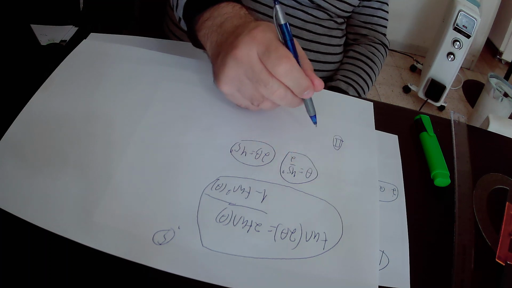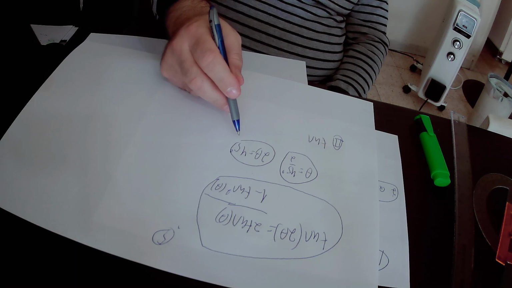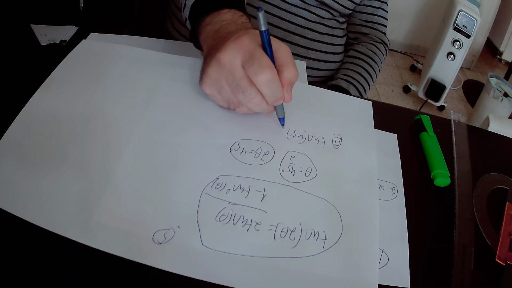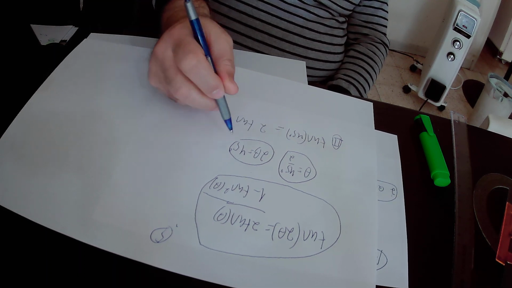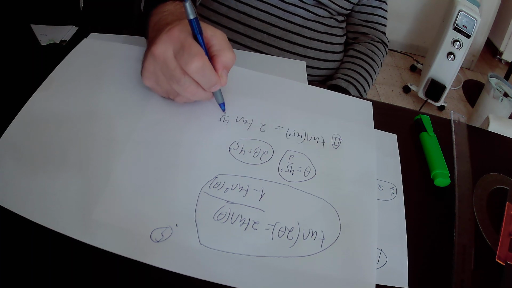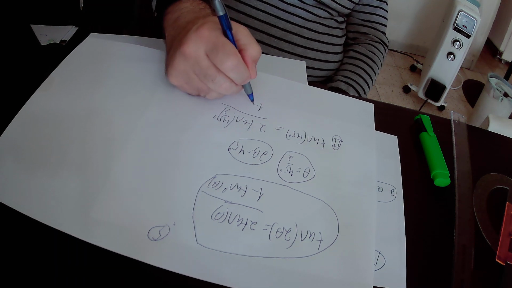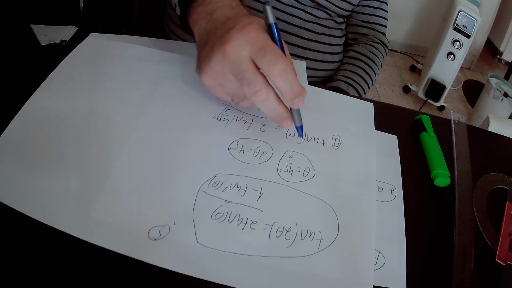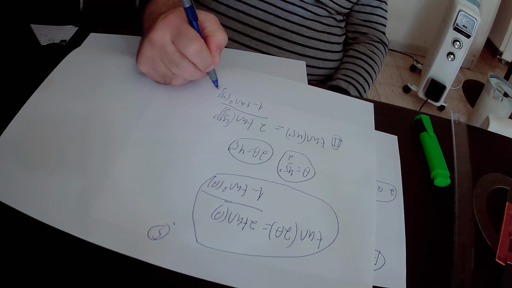According to this identity, we have tangent 2 theta, which is tangent 45 degrees, equals 2 times tangent theta, which is 45 over 2 degrees, over 1 minus tangent square theta, where theta is 45 over 2 degrees.